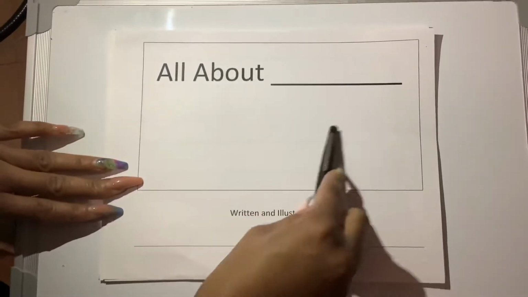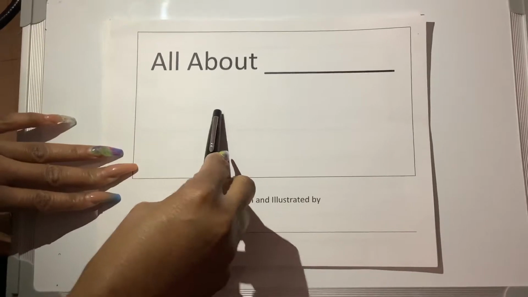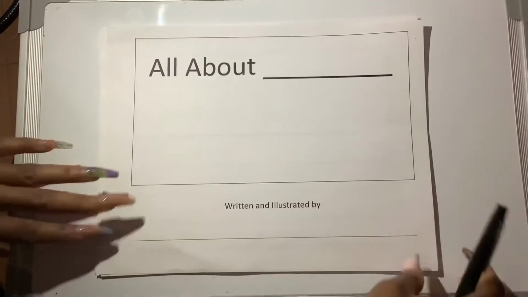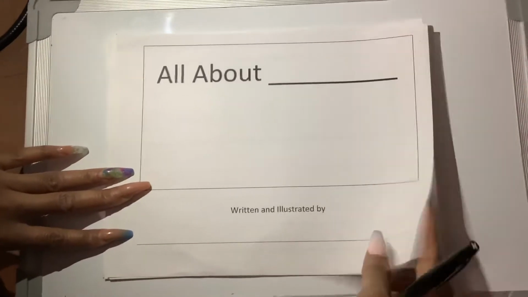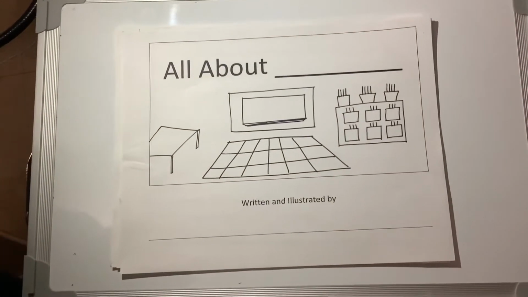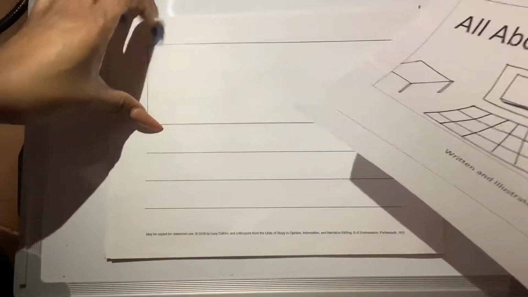And I remember the classroom having a library, smartboard, the rug, the tables, and maybe I can draw that on my cover page. So that's going to be my cover page. Okay, so I'm going to put this behind.